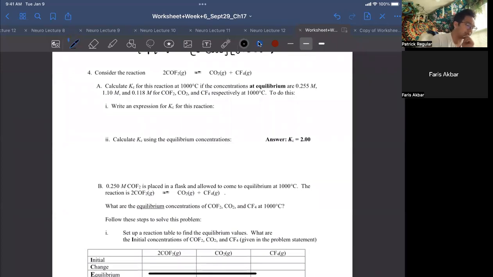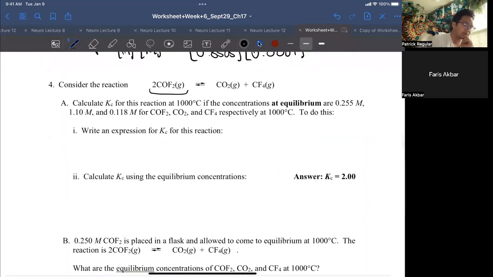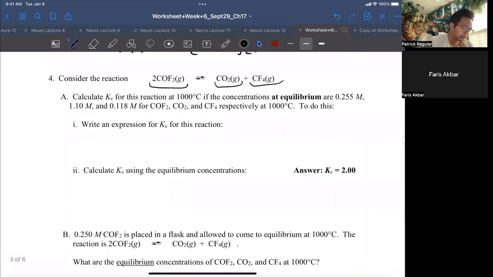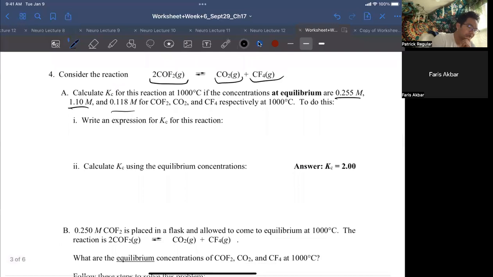All right. Number 4, consider the reaction. You have COF2, CF4 and CO2. Kc for the reaction. They give you the equilibrium concentrations. So the expression for Kc, remember Kc is products over reactants. Again, our products are going to be CO2 times CF4 over our reactants, which is just COF2. Then let's put our coefficients there.